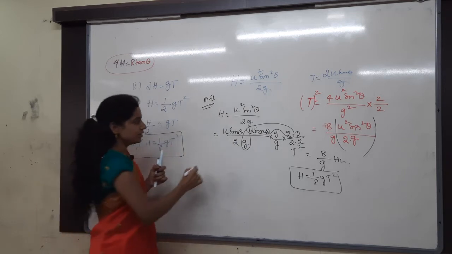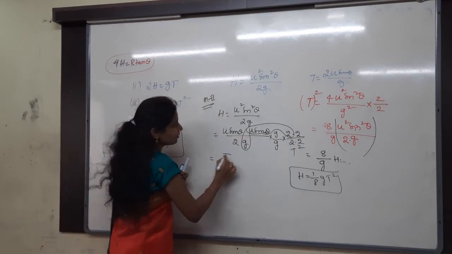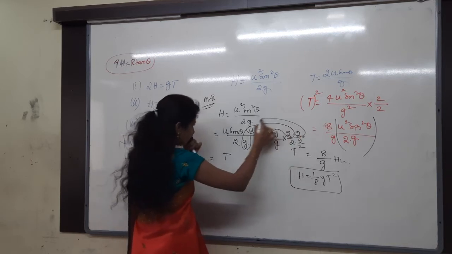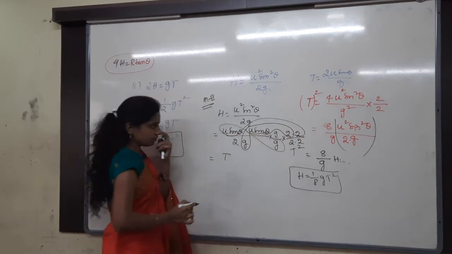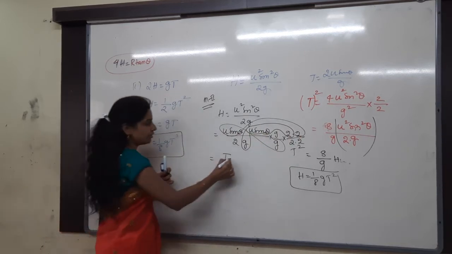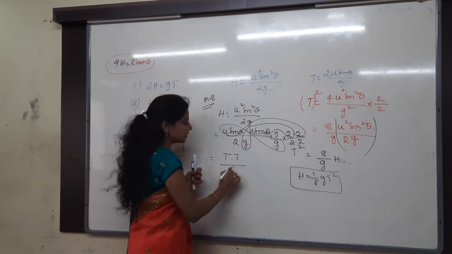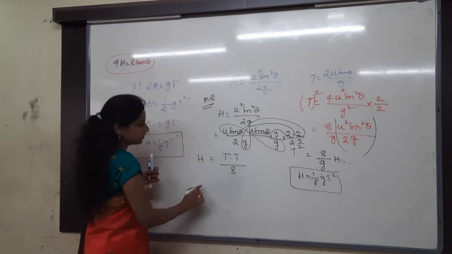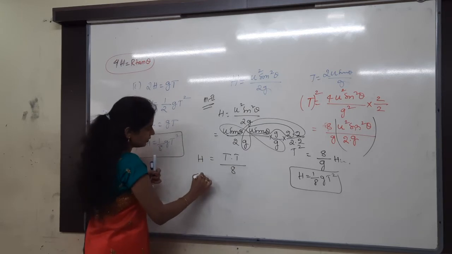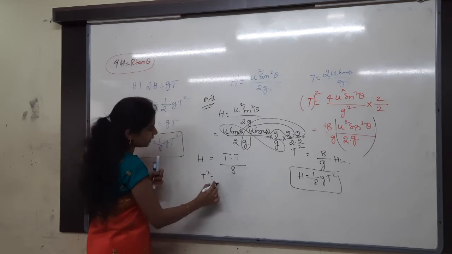Time of flight, right? Another 2u sin theta by g, what I can write? Again T only. That divided by what is remaining? 2 into 2 into 2. How much is that? 8. This is H. Then again T square is equal to what I can write?